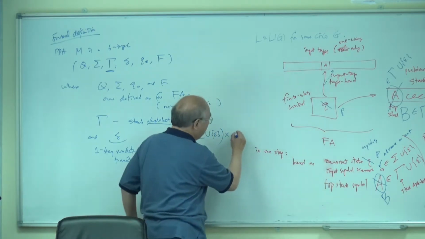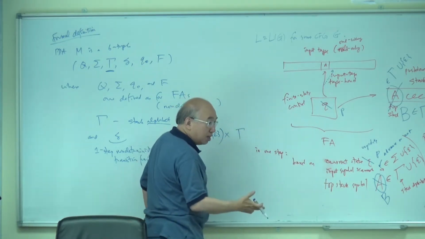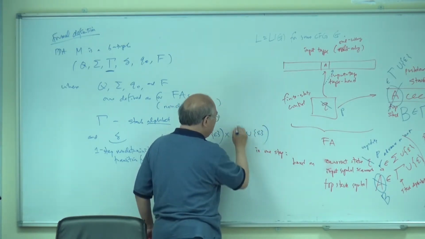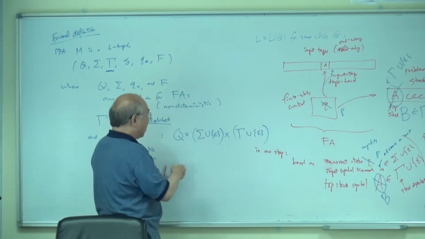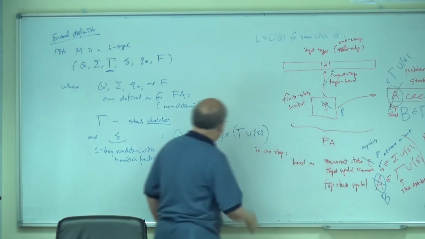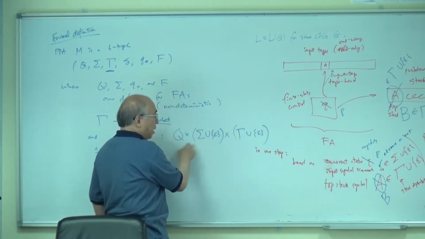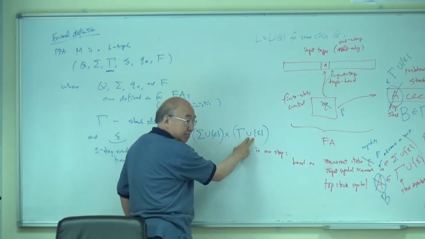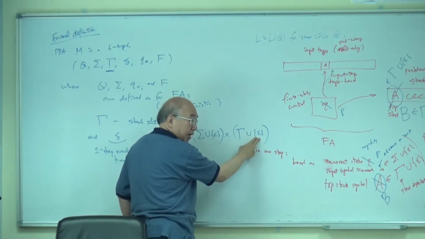So you give me the top stack symbol, or you ignore, right? So you can see that this domain captures these three possible combinations. Current state, symbol being scanned, including epsilon. Top stack being sensed or scanned, including epsilon.